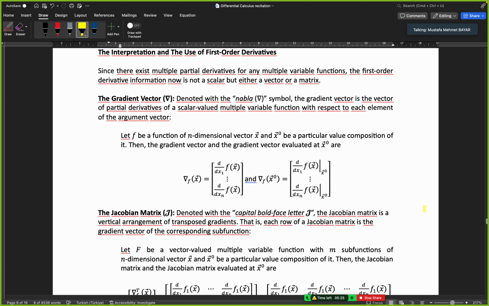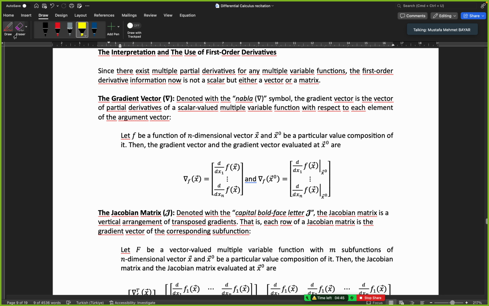But this time, for m subfunctions and for n arguments, you are trying to set things to 0 for m times n components, which is harder. And that's why finding critical points in multivariable functions is not that likely as it is in single variable functions.